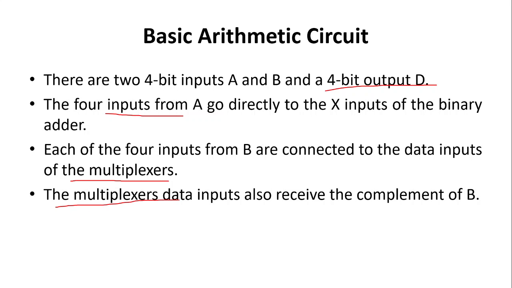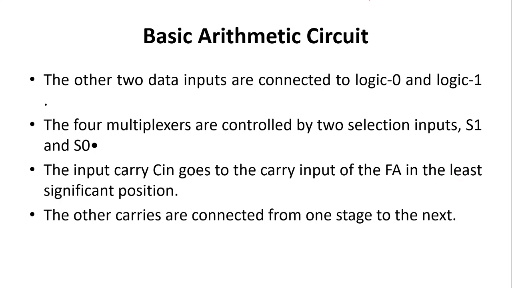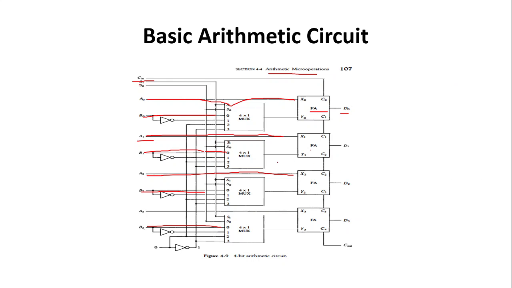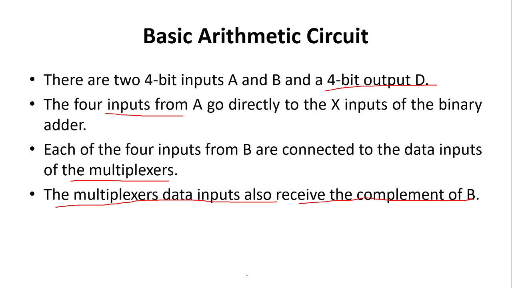The multiplexer's data inputs also receive the complement of B. The two other data inputs are connected to logic 0 and logic 1 as shown in the diagram. This one is a logic 0 and this one is a logic 1.